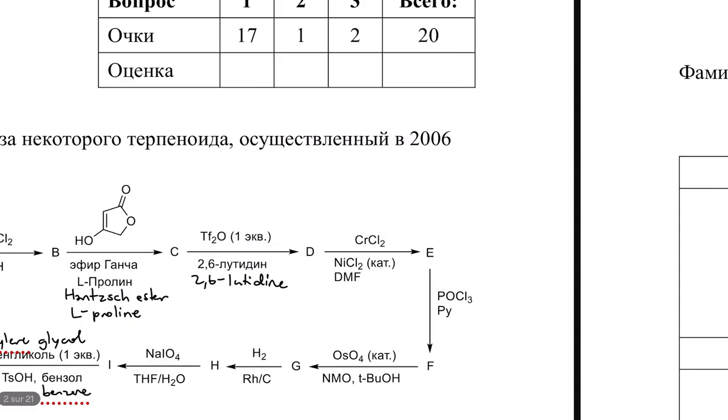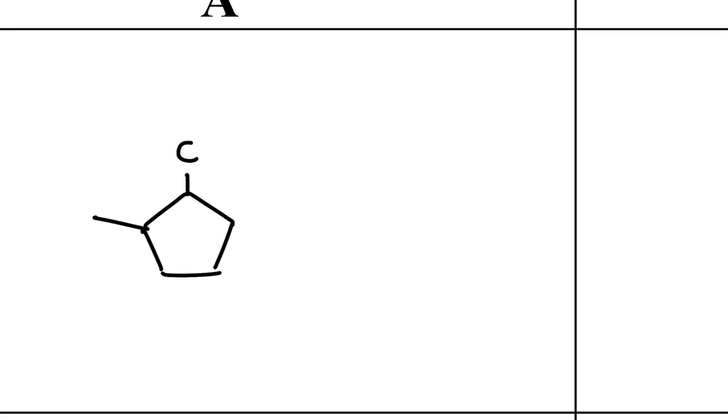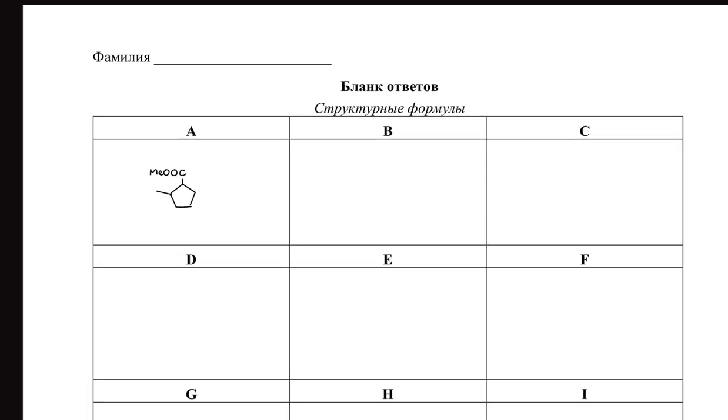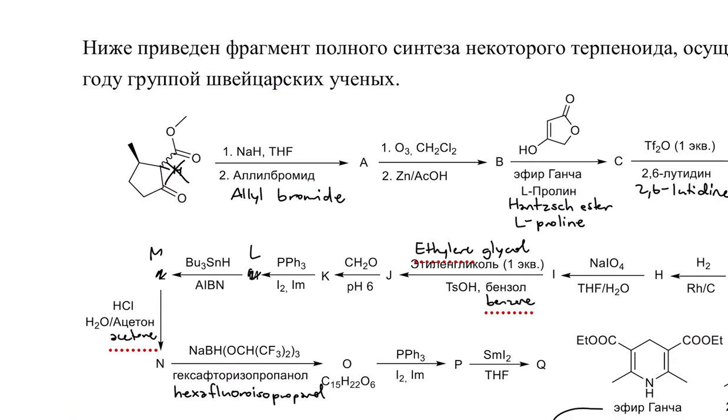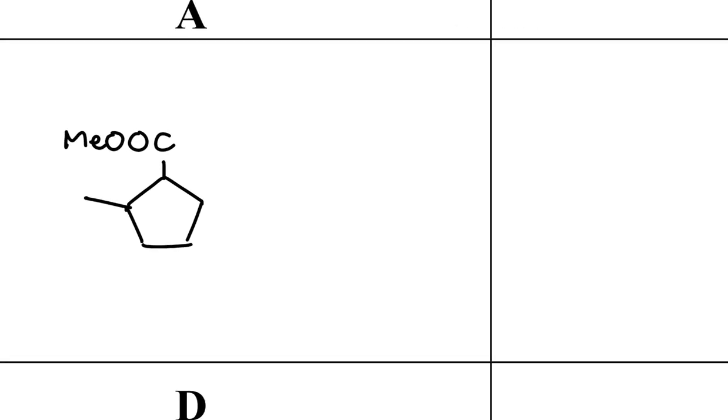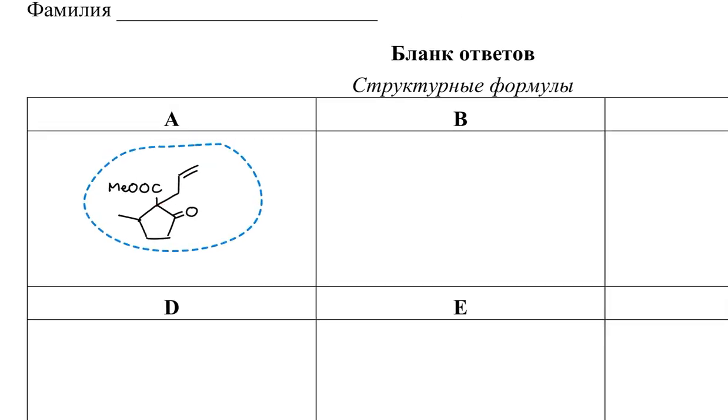It's the COOEt group, or is it Me? And then your carbonyl on that side, and then your allyl group. There you go. Here's the structure for A.